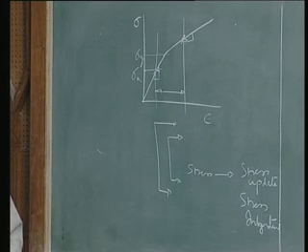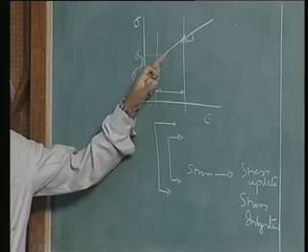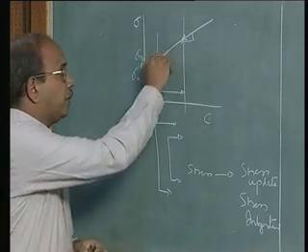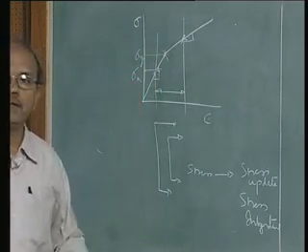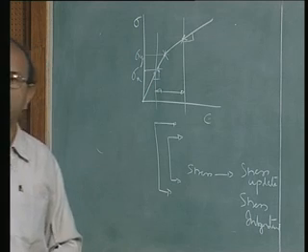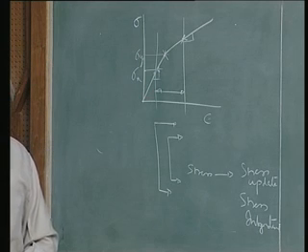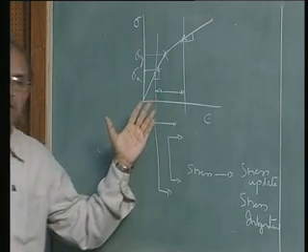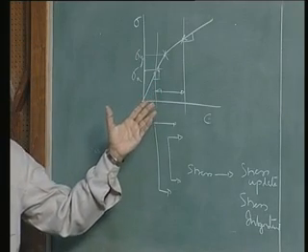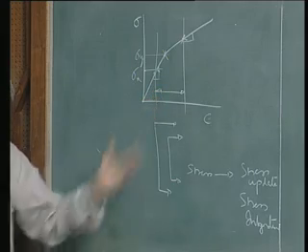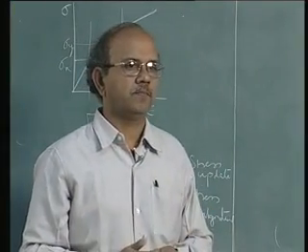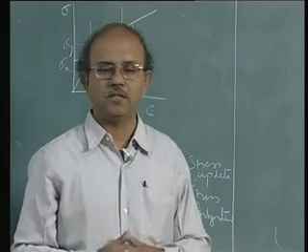So what's the difficulty? I have one slope, or one type of behavior, till I reach this yield point, and another type of behavior as I move out of it. This problem looks very straightforward in a one-dimensional case, because I have drawn it clearly and shown you, but it is very subtle and involves a lot of issues when you look at it in a multi-axial case.